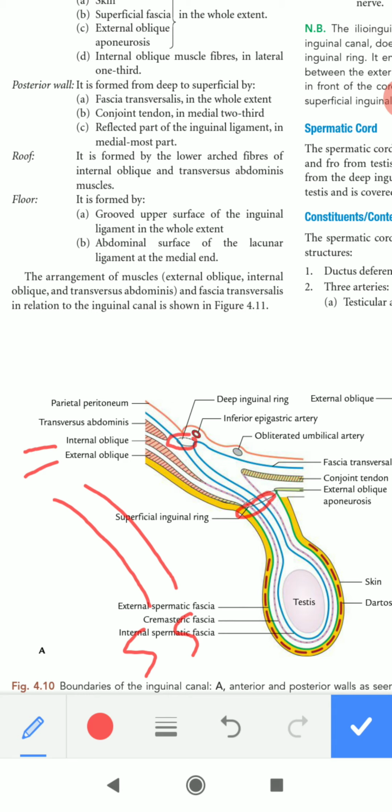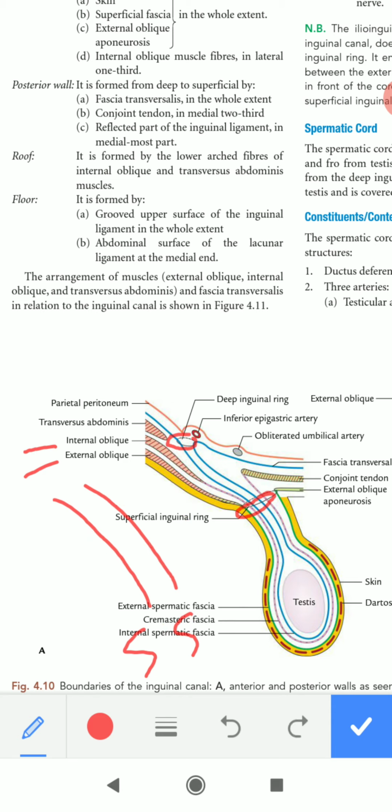So the skin, superficial fascia, and external oblique, these three layers form the anterior wall in its whole length.